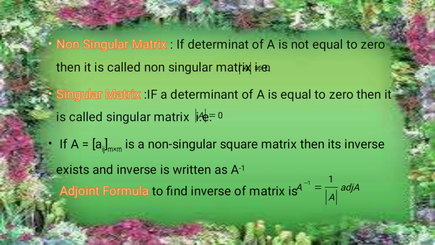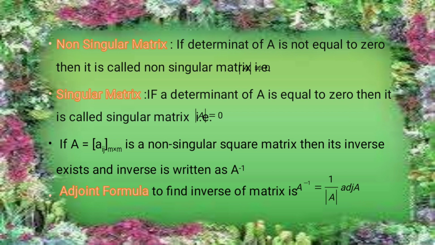To find the inverse of a matrix, we must know what is singular and non-singular matrix. If the determinant of A is not equal to 0, then it is called a non-singular matrix. If the determinant of A is equal to 0, then it is called a singular matrix.